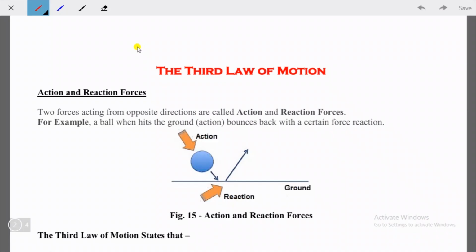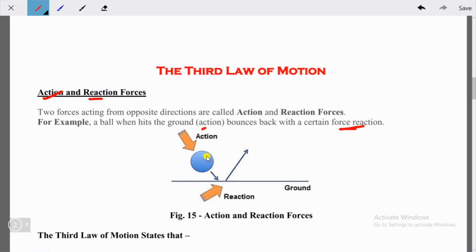So students, before going through the statement of Newton's third law of motion, we have to understand two terms here. One is action, another one is reaction. Two forces acting from opposite directions are called action and reaction forces. For example, when a ball hits the ground, that is called action, and it bounces back with a certain force, that is called reaction.